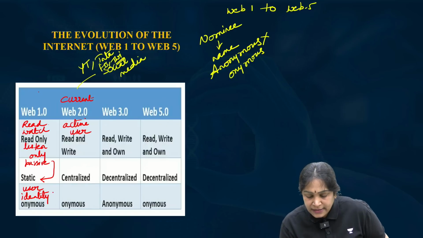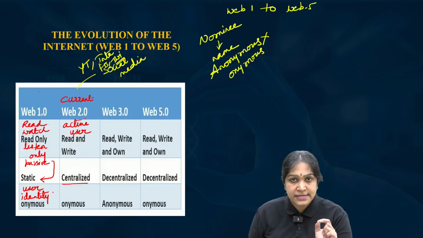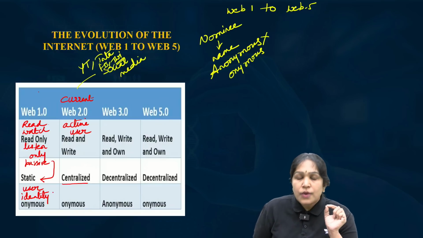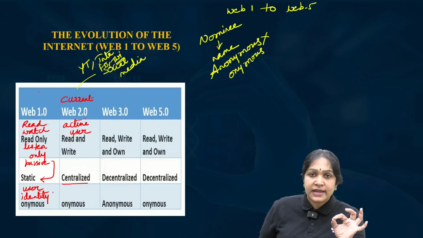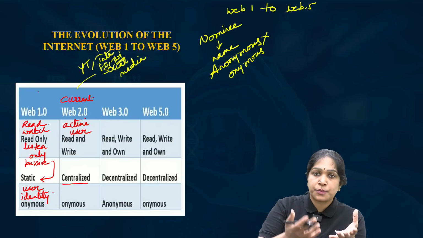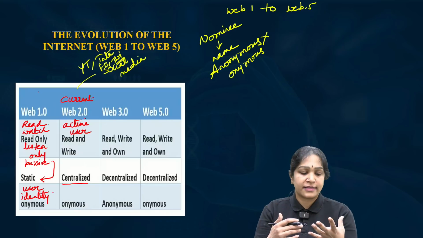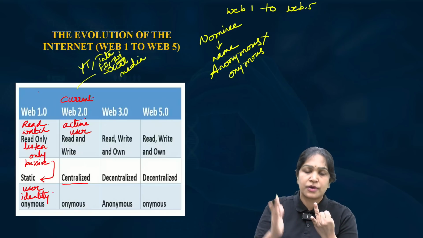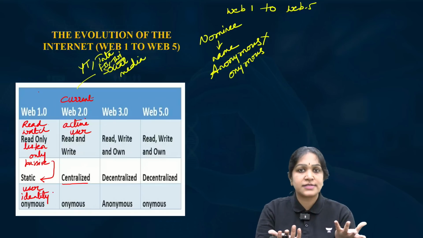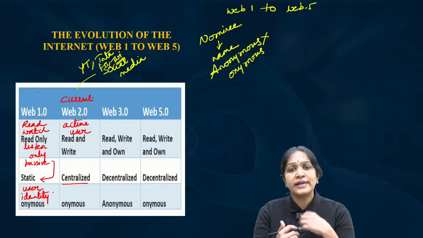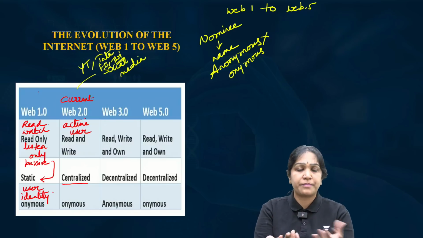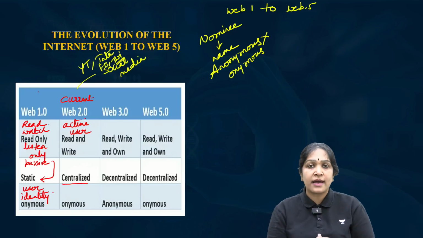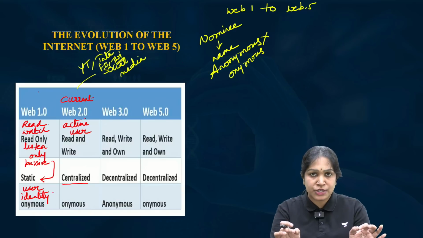And the next one is centralized. What do you mean by centralized? Who will own your data? For example, to Facebook you have given a lot of data, that is your photographs, your name, your contact details, whether you are single or married, your phone number. All the data that you have given is with the Facebook organization.